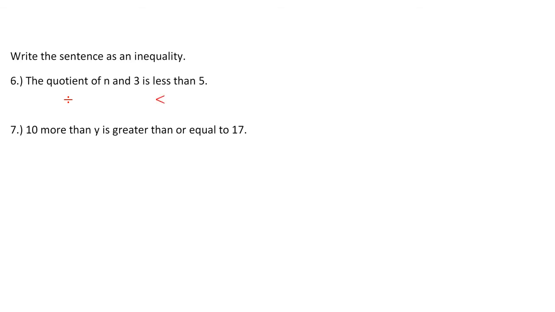If I'm going to divide two values, n and 3, the order in which that's mentioned is important, and is less than 5. Here are the other words that you should be familiar with. And when we say more than and greater than or equal to, there's two symbols merged here with the greater and equal sign.